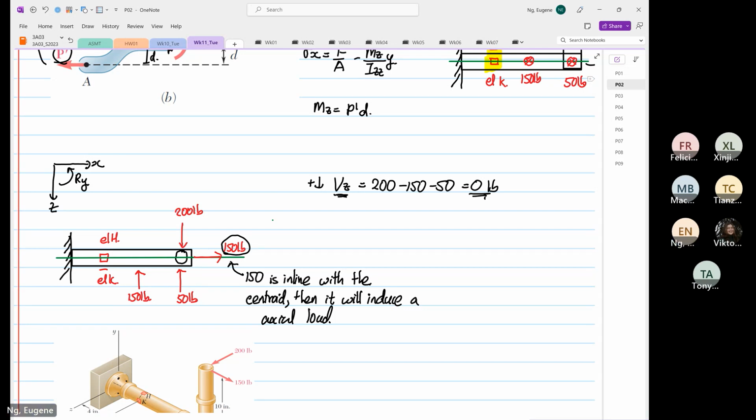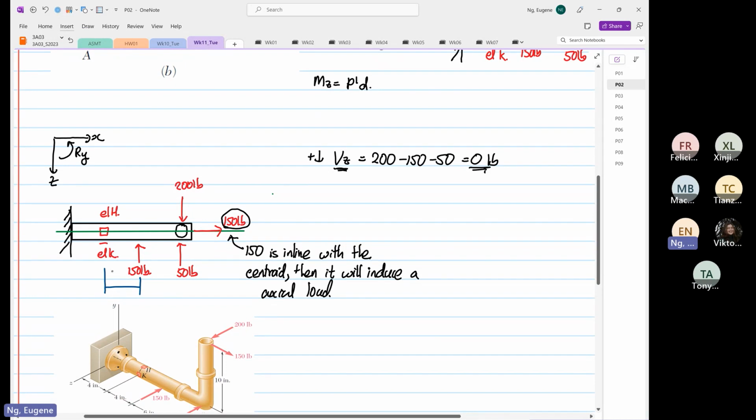Now, the interesting thing comes to the moment. We know there will be a moment in the y direction. Why is there a moment? Relative to the element, we know that we have a perpendicular distance. The distance from here to here is 4 inches.